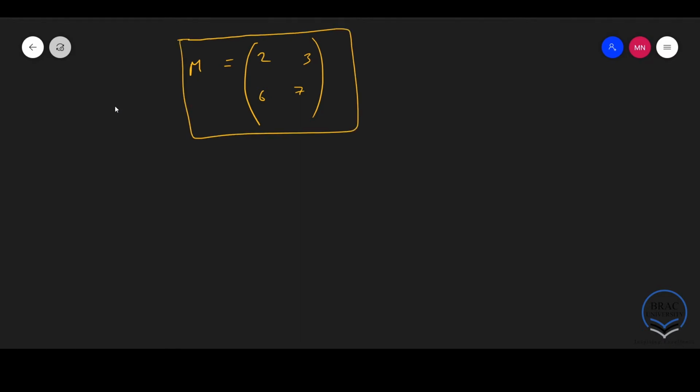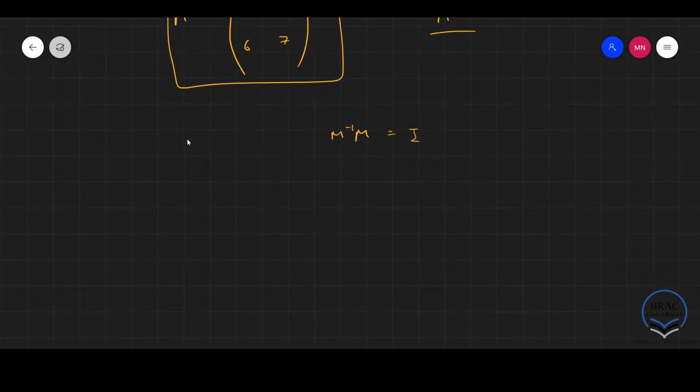Okay, so let's say that we have some matrix M, and the entries of this 2 by 2 matrix are these following entries. So we have this matrix M, and I now want to find the inverse of this matrix. So what can we do? I know that if I multiply M with the inverse, I will get the identity matrix. Let's show this on the left-hand side.